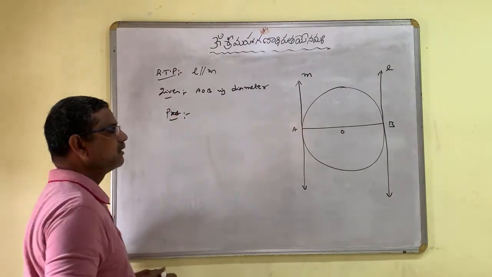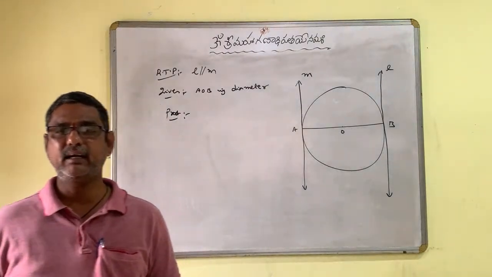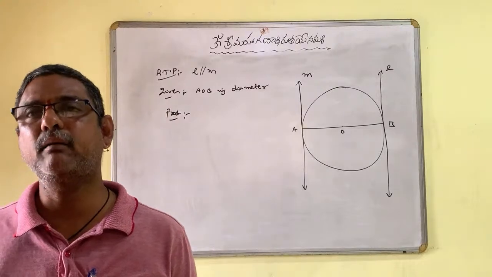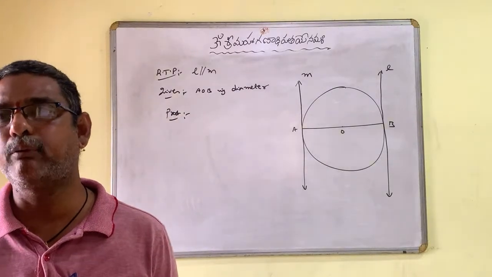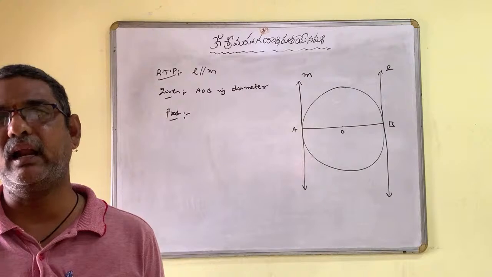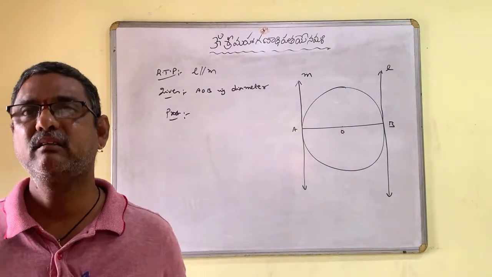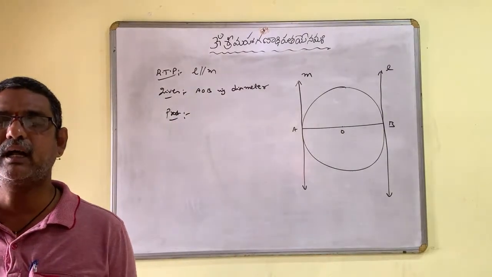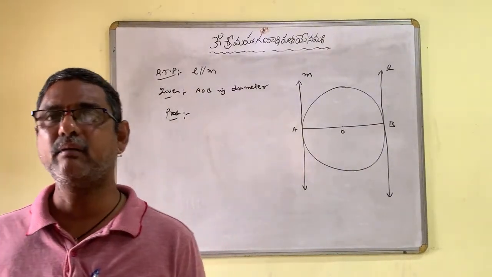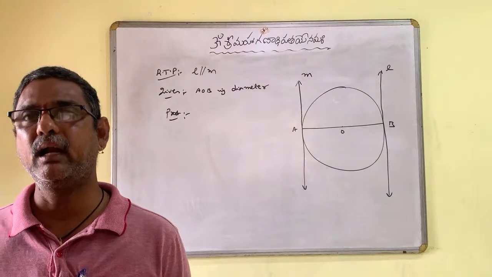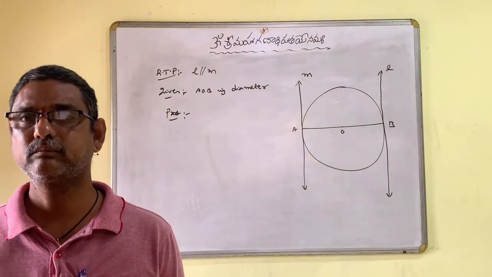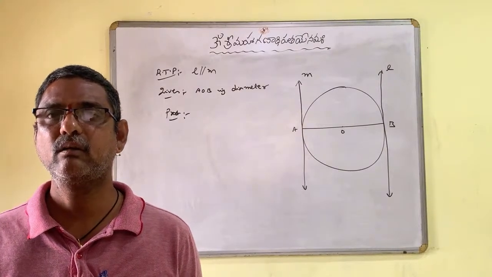Children, can any one of you say what are the possible ways that we can prove two lines are parallel to each other? There are different ways. Can anyone suggest one? Anyone?